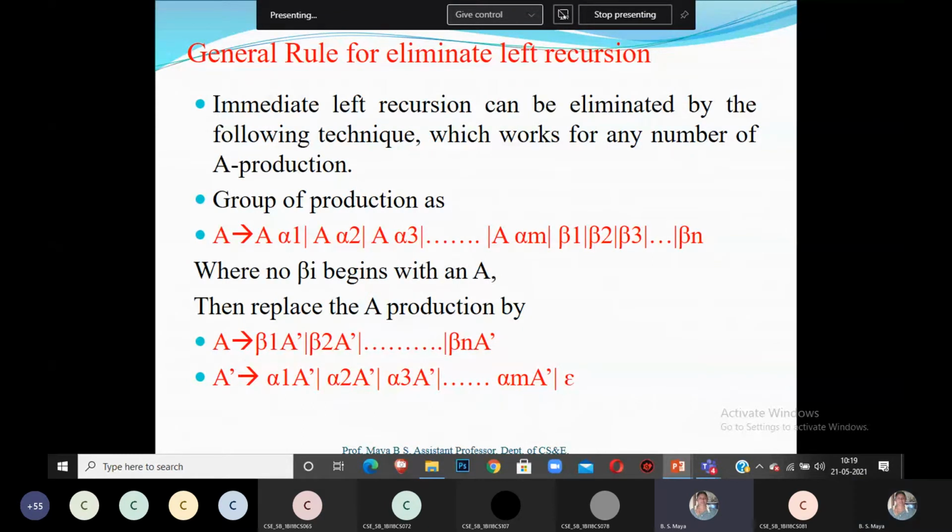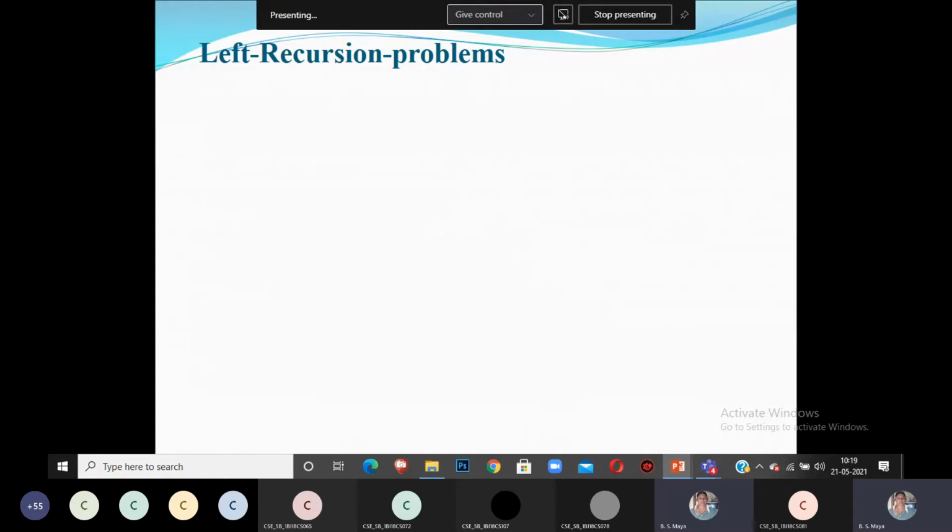Yes, ma'am. Thank you, ma'am. Okay, let me start the left recursion problem. Let me take the first problem. What is the problem? A derives A alpha or beta. Is it right?